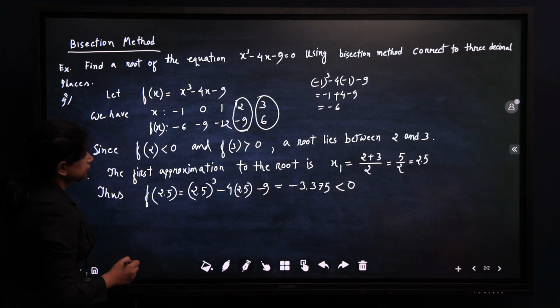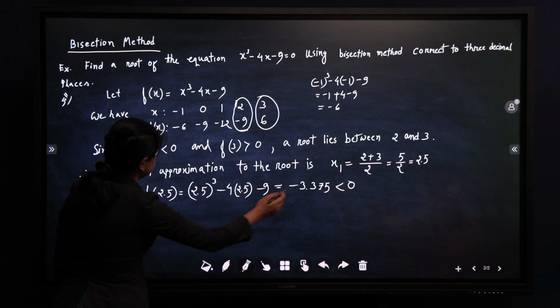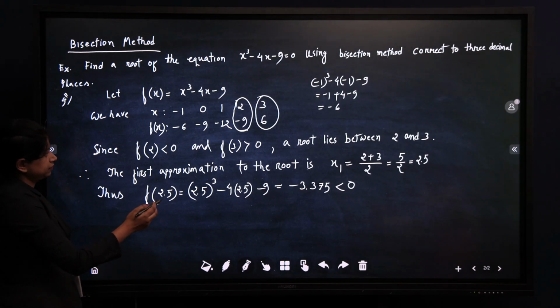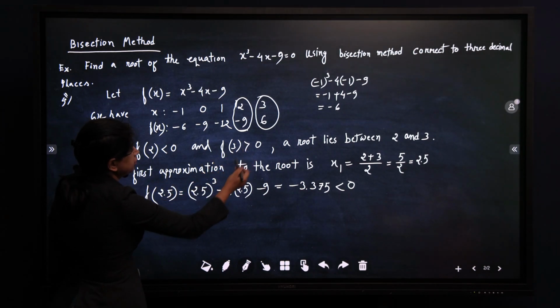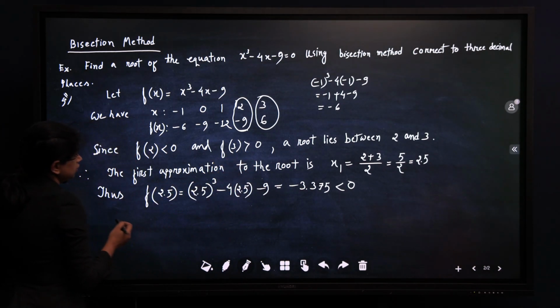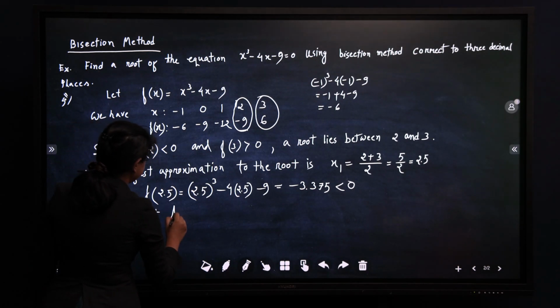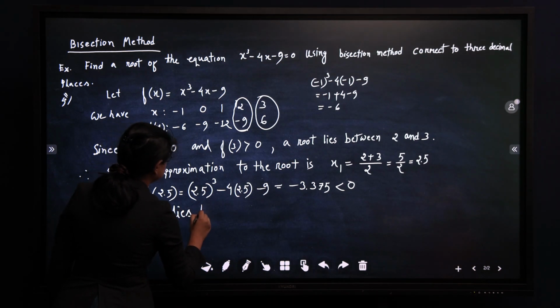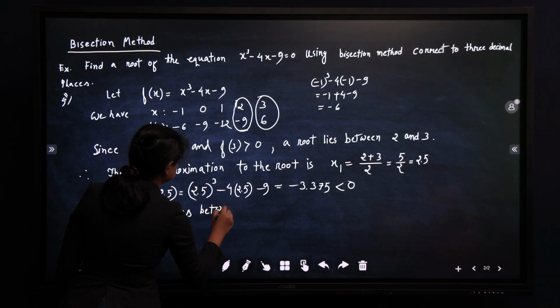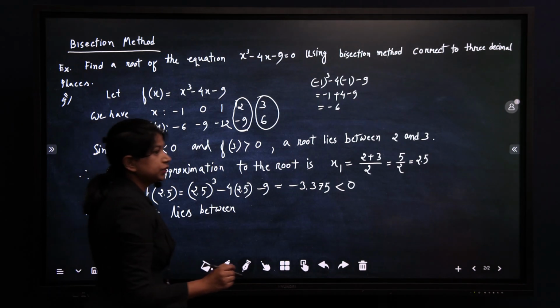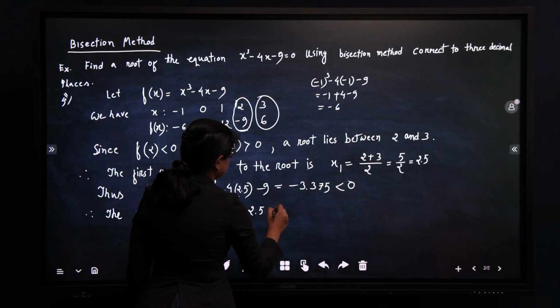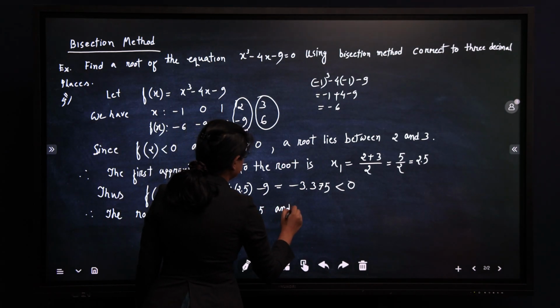So the function value at 2.5 is negative and f(3) is positive. Therefore, because f(2.5) is negative and f(3) is positive, by the intermediate value theorem the root lies between 2.5 and 3.